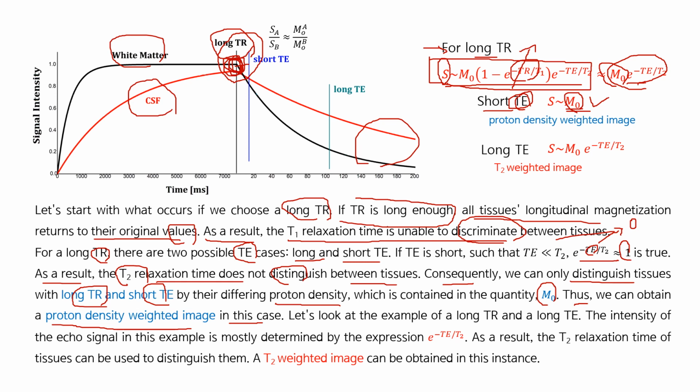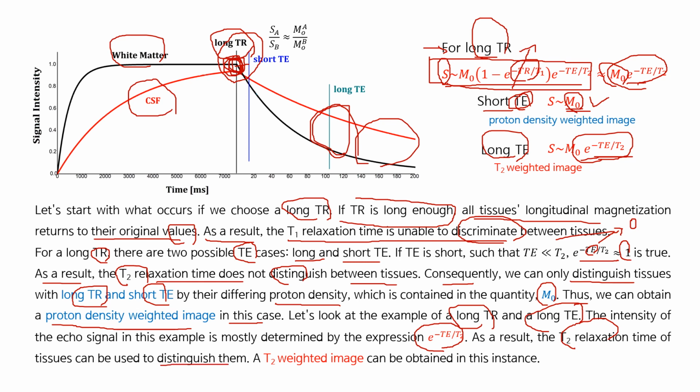Now let's look at the example of long TR and long TE. So here, right? Long TR and long TE. The intensity of echo signal in this example is mostly determined by the expression exponential minus TE over T2. Okay? So long TR, long TE, the signal intensity is expressed by this form. As a result, the T2 relaxation time of tissues can be used to distinguish them.